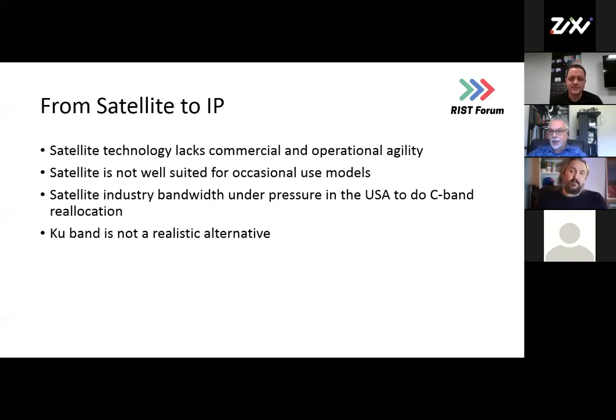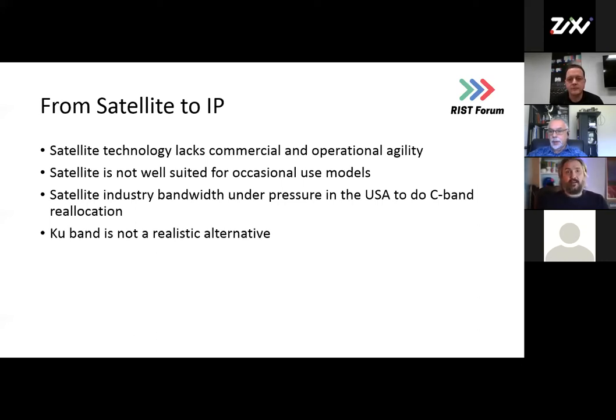I think the other thing that's really pertinent about satellite, and this is very much more a US-centric thing, is that as part of our rollout of 5G, we needed to reallocate a large part of the C-band spectrum. I believe it's almost half, or maybe more than half, to the telco industry, so that there's spectrum available for 5G rollout. That's effectively halved the amount of bandwidth available in C-band infrastructure. And so people will say, well, Ku, surely that's the solution there.